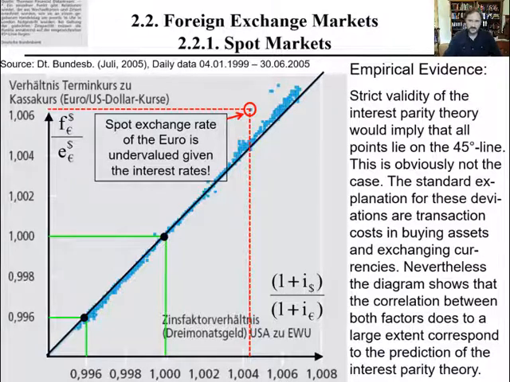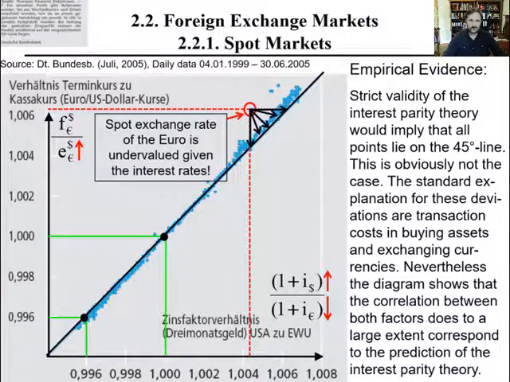For example, taking a dollar credit and investing the money in euro bonds where the interest rate is too high for an equilibrium. This will cause the dollar interest rate to grow and the euro interest rate to fall, and the spot exchange rate to appreciate. As a result, these transactions will cause a movement back towards the 45-degree line.